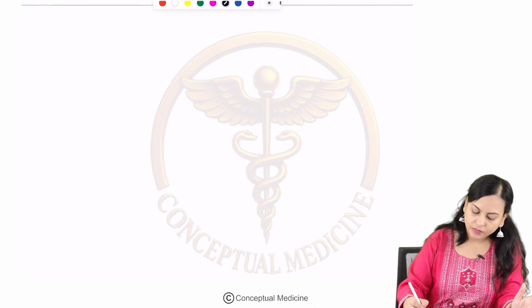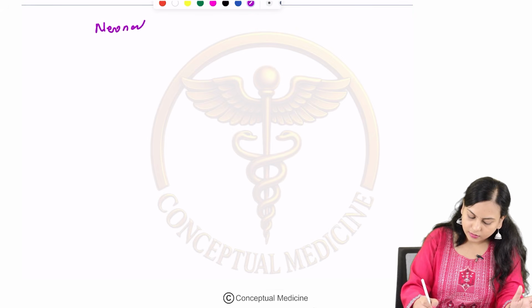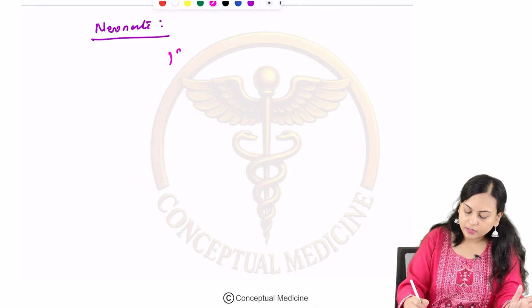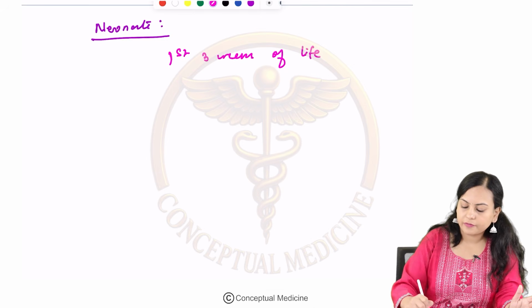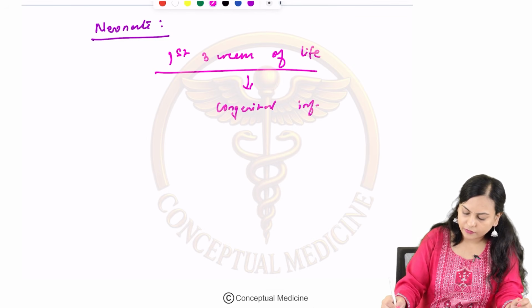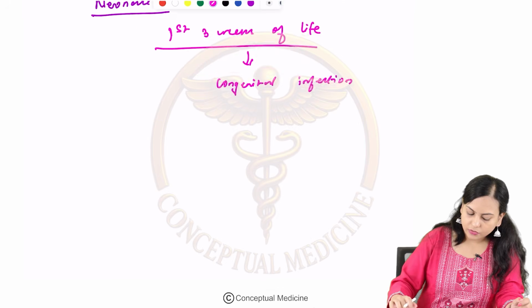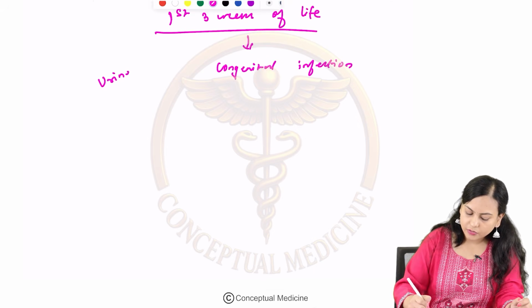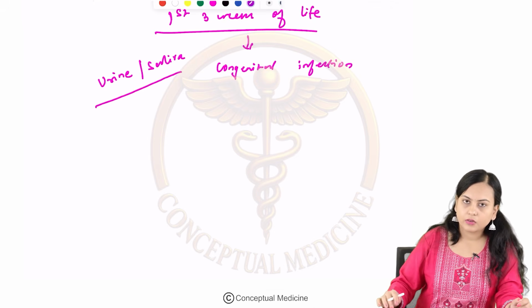And then for the neonate, virus can be isolated in the first 3 weeks of life. If this is possible, then definitely it is going to be a congenital infection. So, you will get samples from urine or saliva, right?